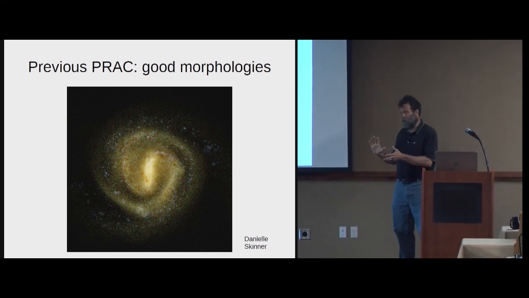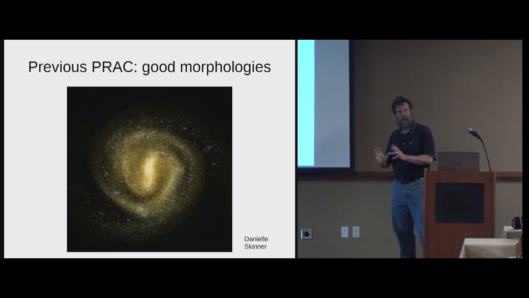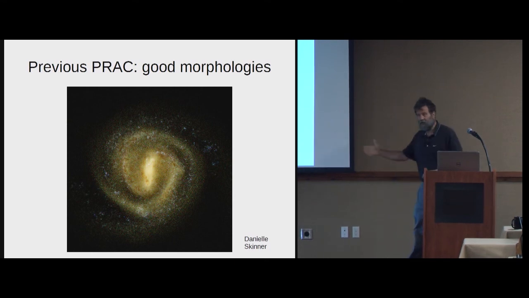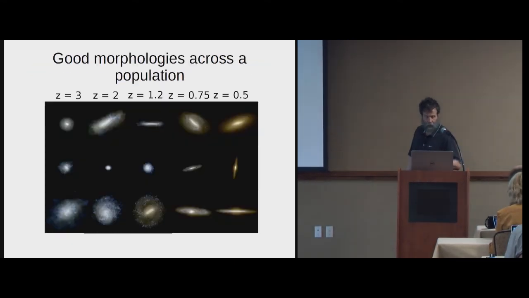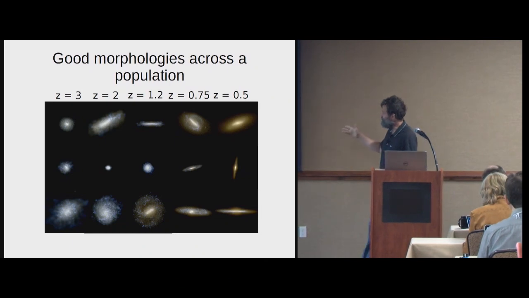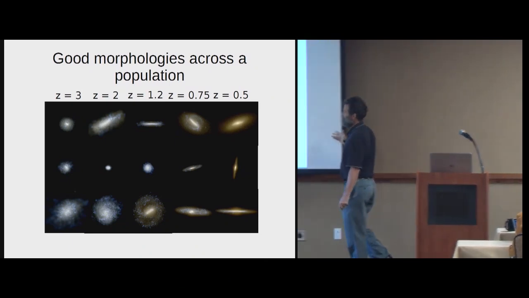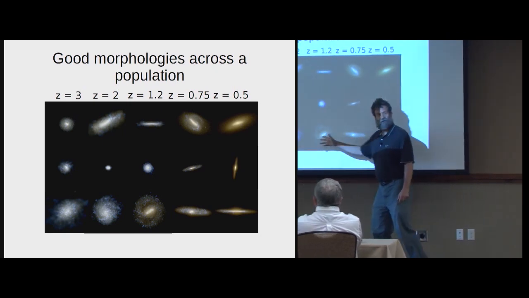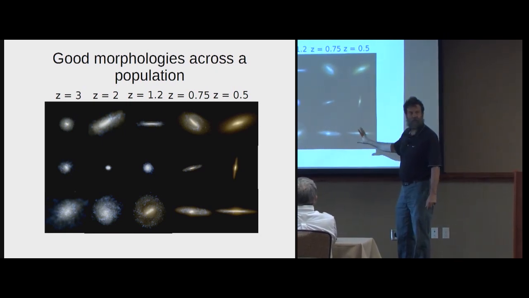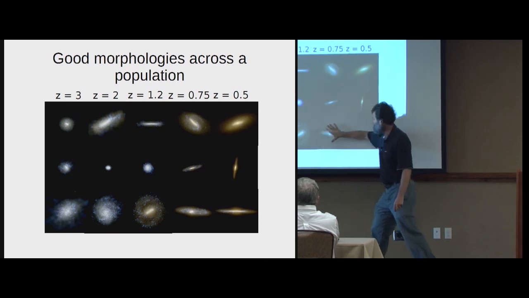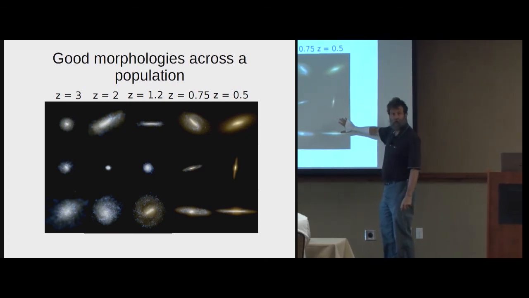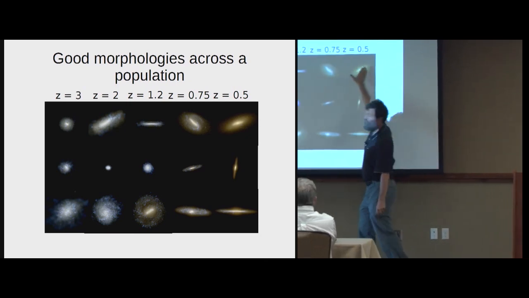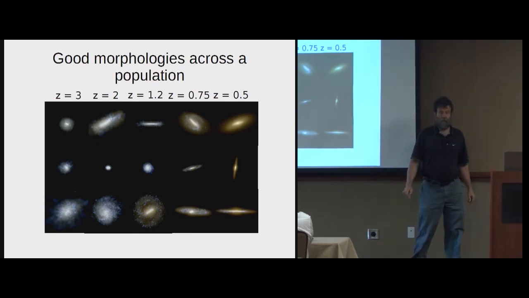We're getting reasonable conversion of baryons into stars as a function of halo mass. We're getting these morphologies across time. Note here, blue is young stars, red is old stars. So we're seeing the decrease in star formation rates over the age of the universe as is observed.